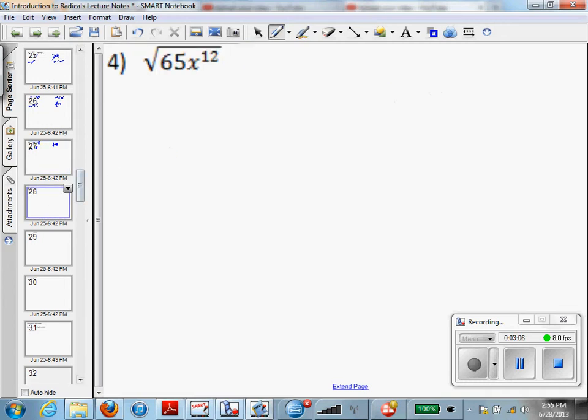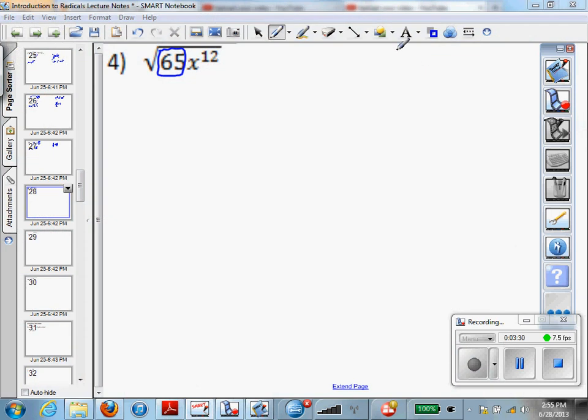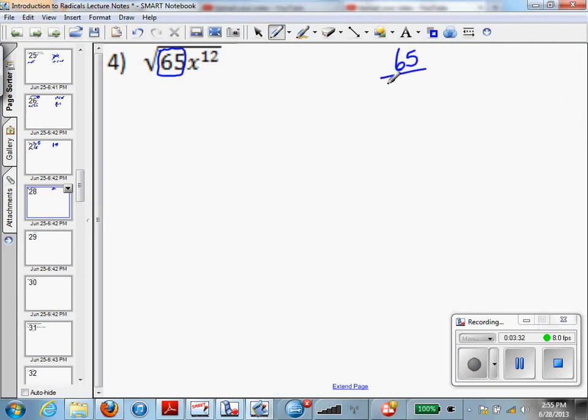With example 4, we see that 65 is actually not able to break down into a nice number right away, because it is only divisible by 1, itself, and 5 and 13.